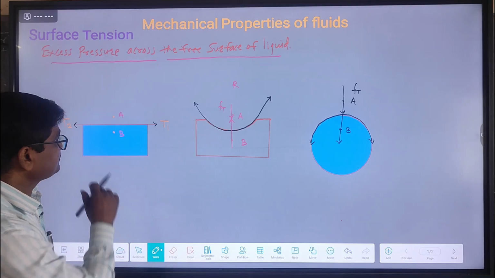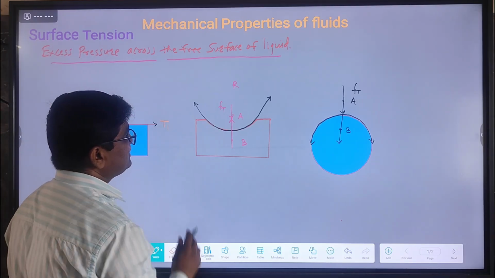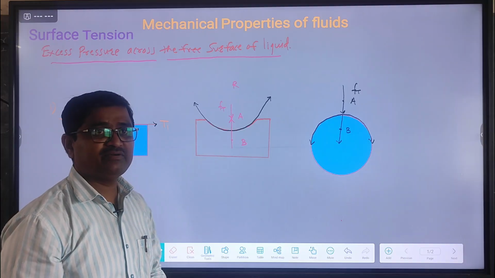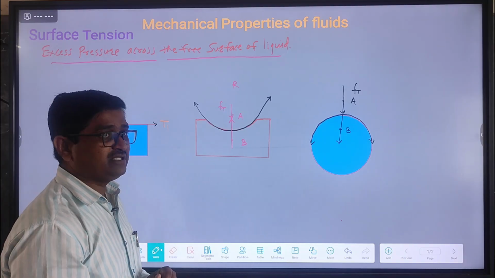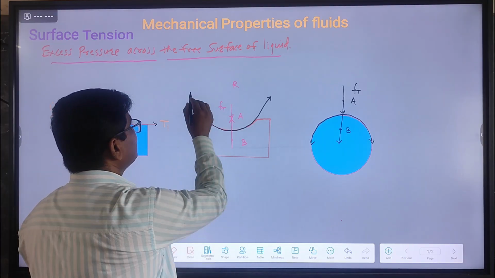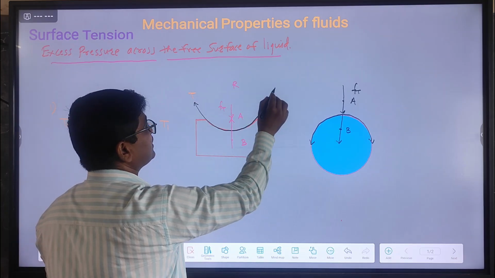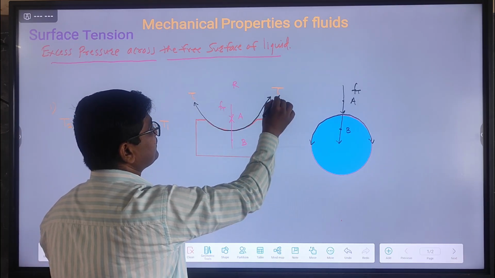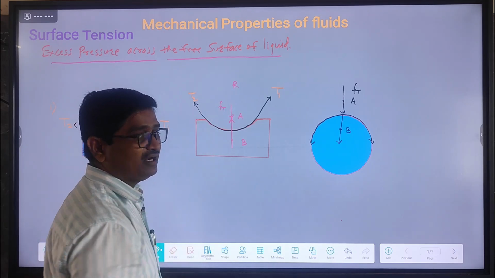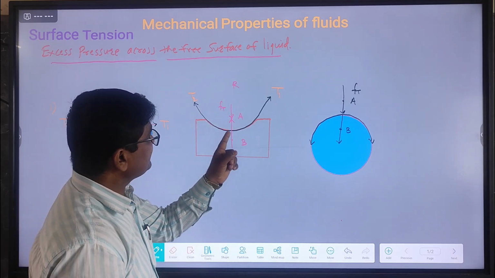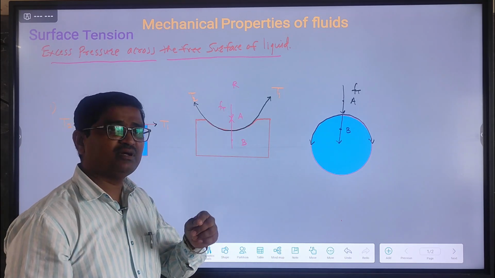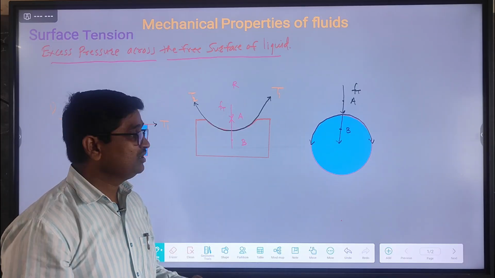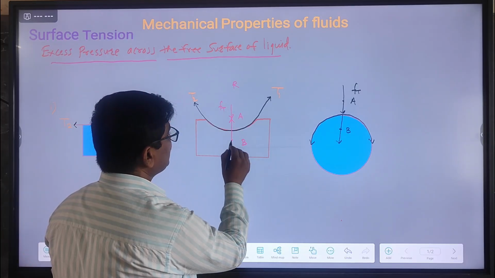That is very important. Now let's see when the free surface of the liquid is concave. If the free surface of the liquid is concave, the force due to surface tension is vertically upward. Let's observe here, the force due to surface tension between two sides is vertically upward. So it is easy to know that the resultant force is also vertically upward.